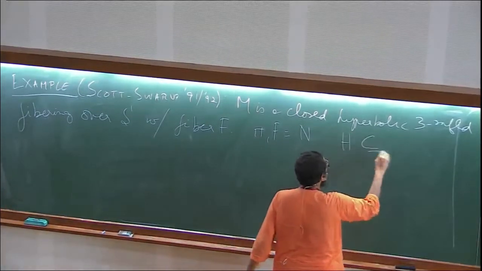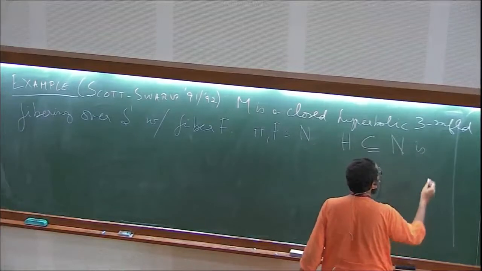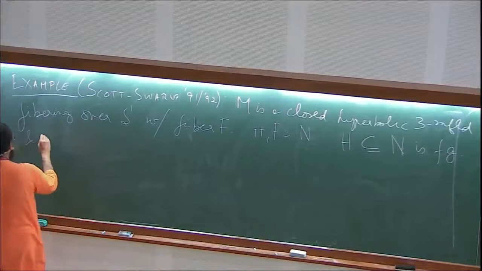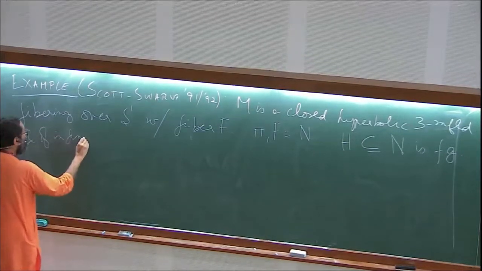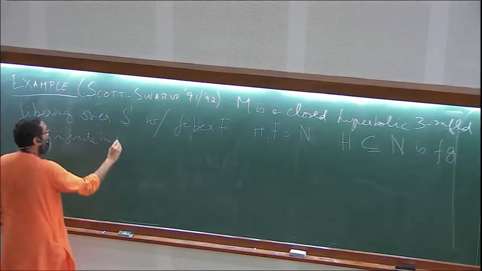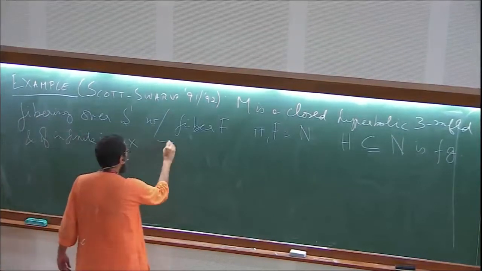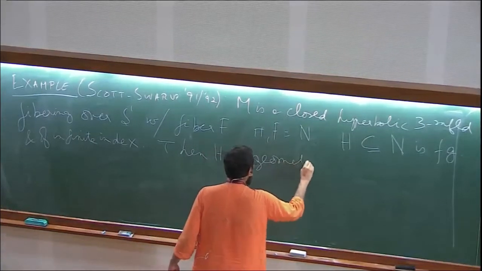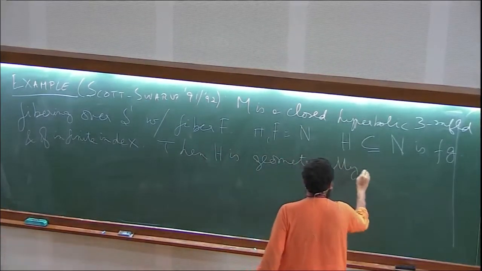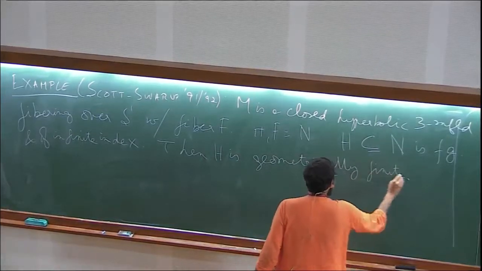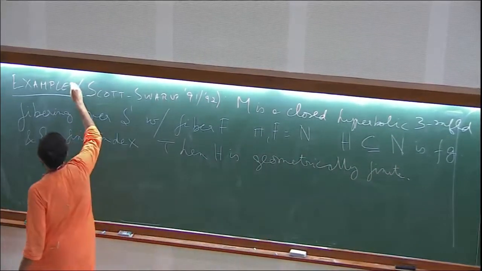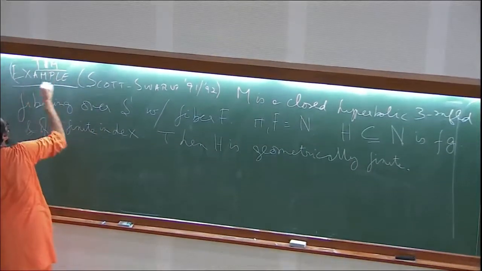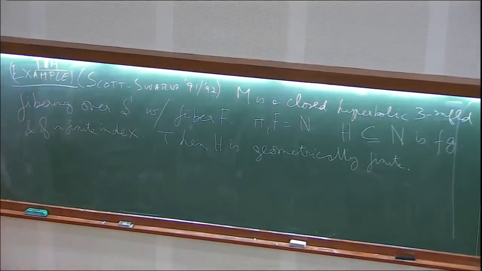If H contained in N is finitely generated and of infinite index, then H is geometrically finite. So this is a theorem. So that's the first example.